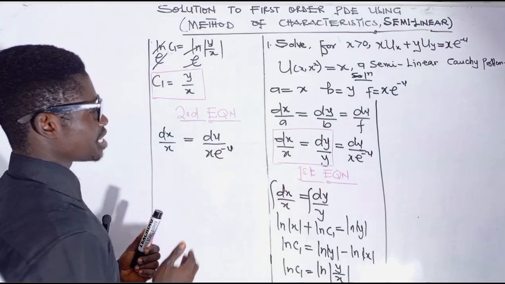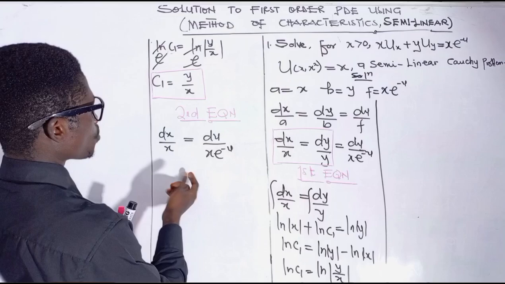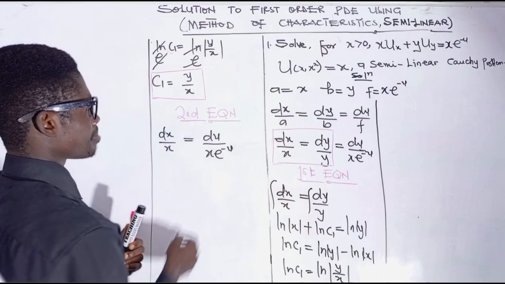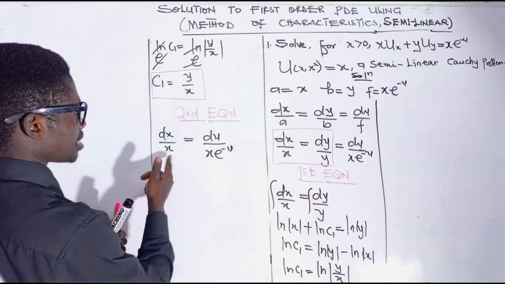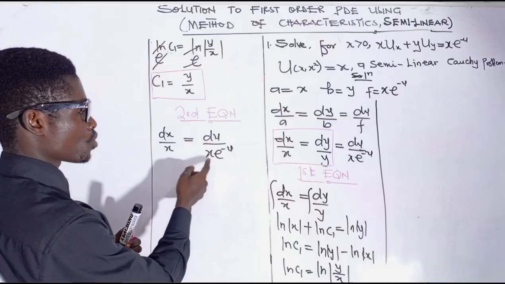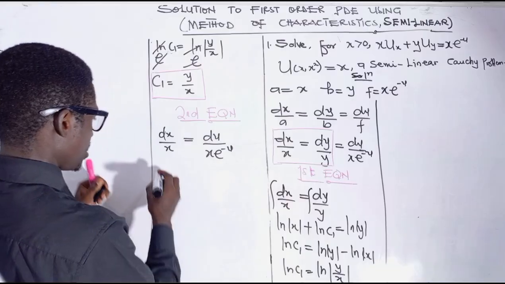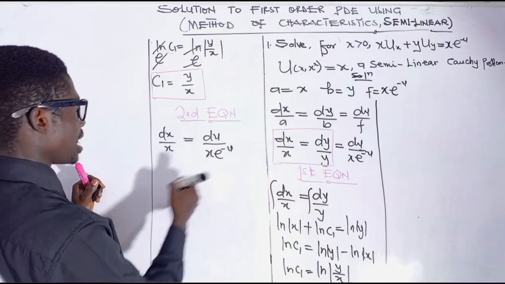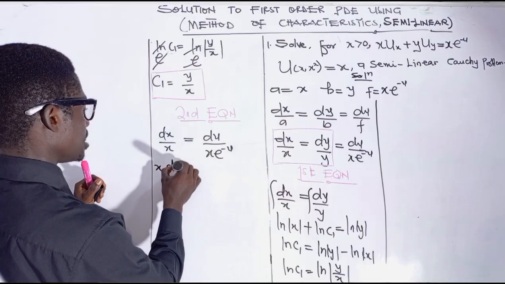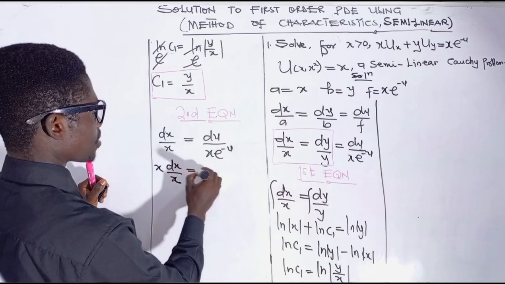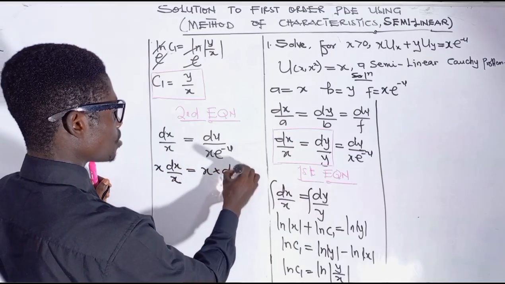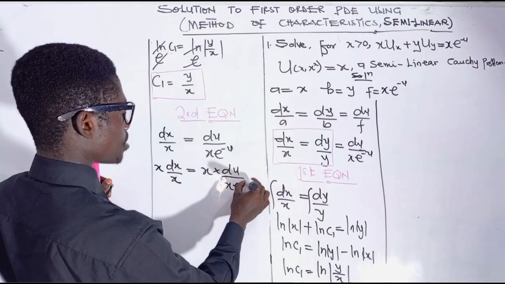Now we want to separate the variables, right? So why don't we multiply both sides of the equation by x so that we can cancel this x, or do away with this very x. Multiplying both sides by x, we have x dx all over x is equal to x multiplying du all over x e exponent u.